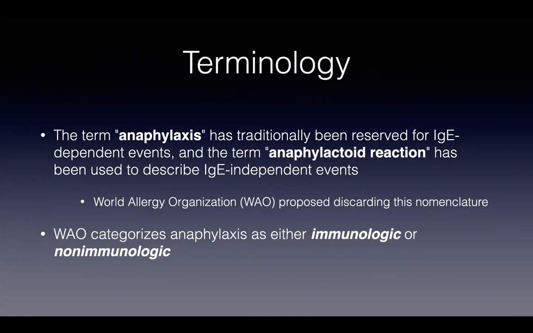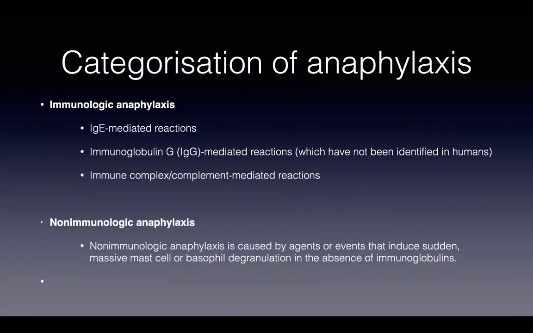What is that classification? The immunologic anaphylaxis can be an IgE mediated reaction, or can be IgG mediated, but in humans it is usually not found. And the last one is the immune complex or complement mediated reactions. Some of the drug reactions are complement mediated.